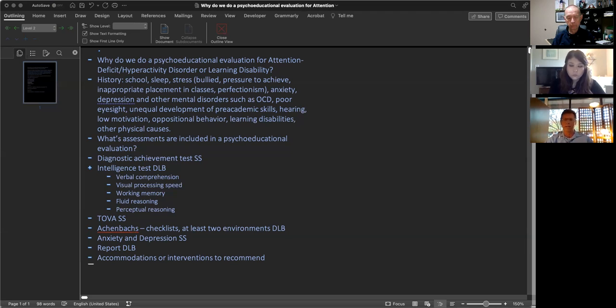So we want to find out all the different variables to look at, and it takes a while to get the testing done and to fuse those assessments into a report, which is what we do at the end of this process.